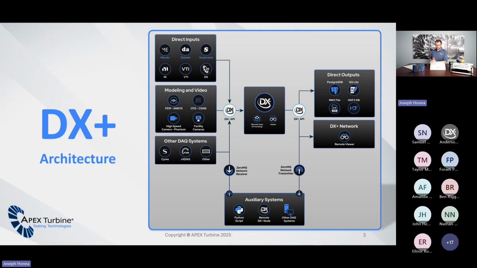And then we're also supporting RDBX and HDF5 files for conversion from database to file itself. And then ultimately the DX Plus network. All the data being published can be published out onto the DX Plus network, utilizing an open protocol that can be used by individual users or other applications.